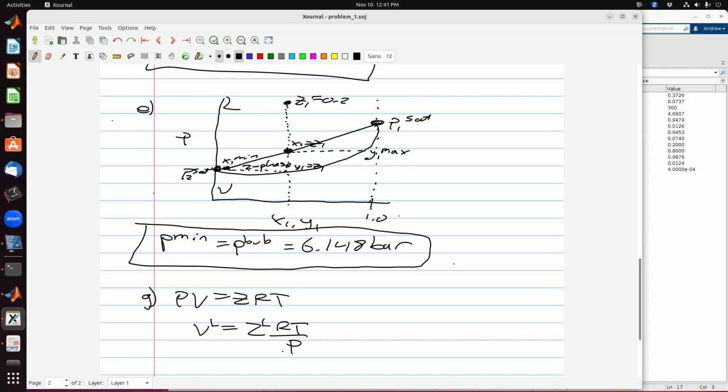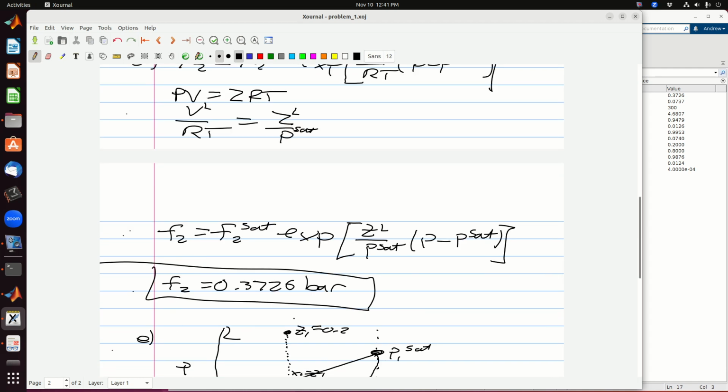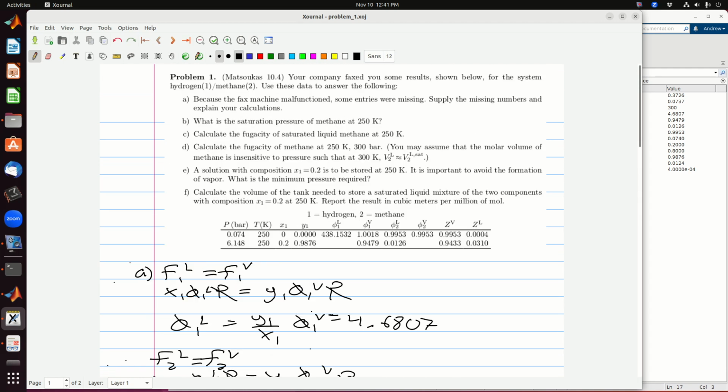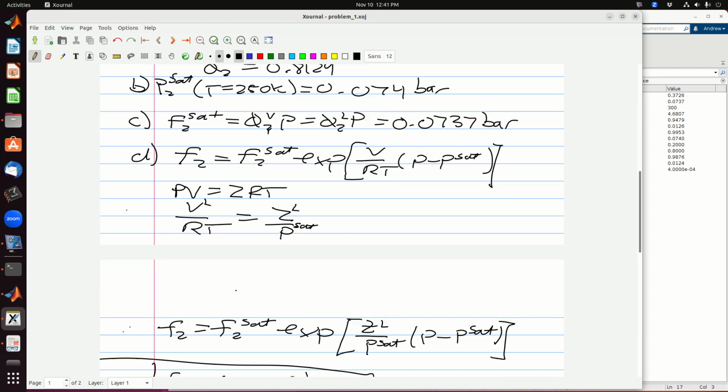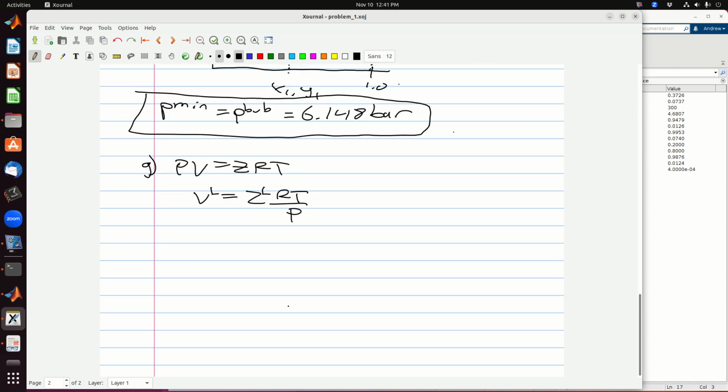So to get my molar volume, the units are going to be dependent on the right-hand side. I have T in Kelvin. R I can only remember in SI units, joules per mole Kelvin. So I would take my pressure, which is in bar, and convert that to pascals. I remember that 1 bar is equal to 1 times 10 to the 5 pascals.